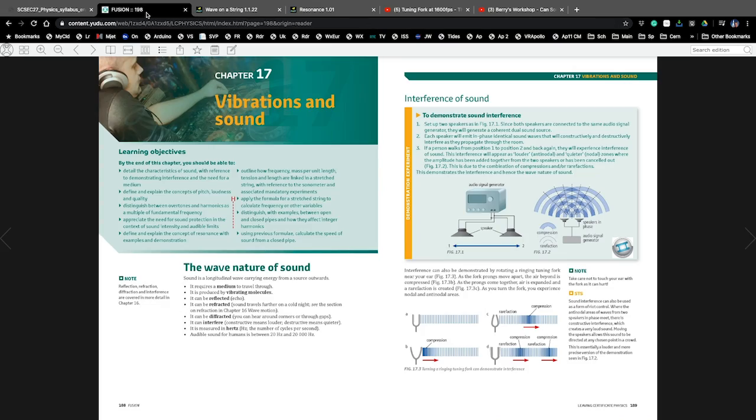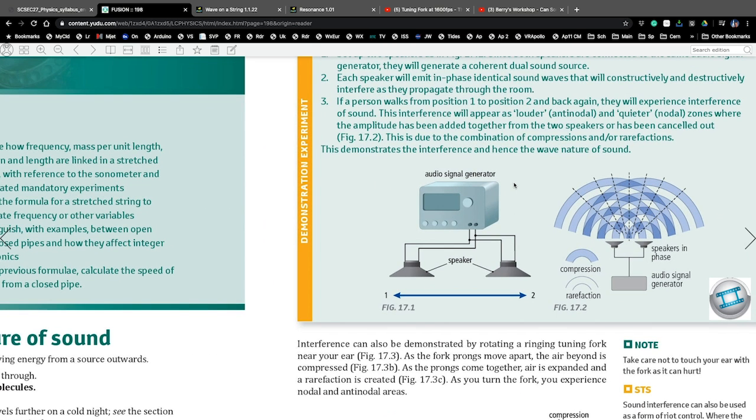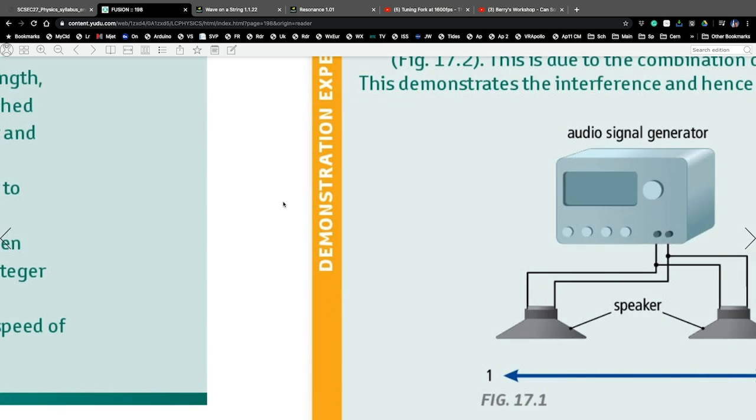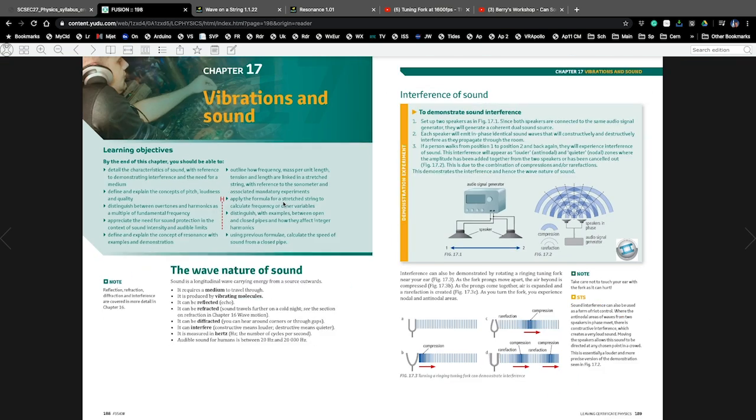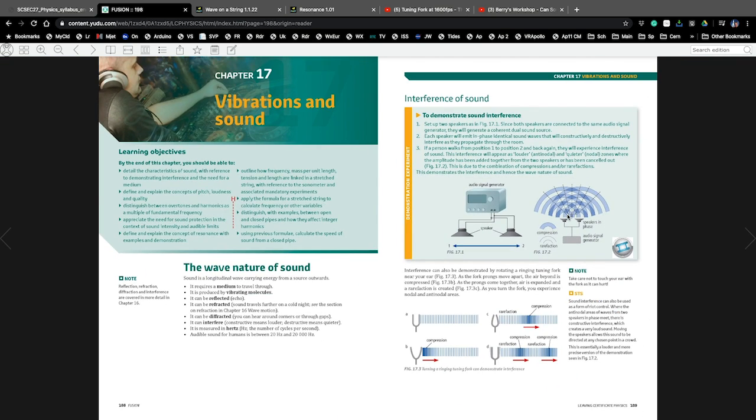Again, if we look at your own book, this is done up here in the top right hand corner of chapter 17, on whatever page it is there, you'll find it yourselves. And again, they have the same experiment and an explanation of it.